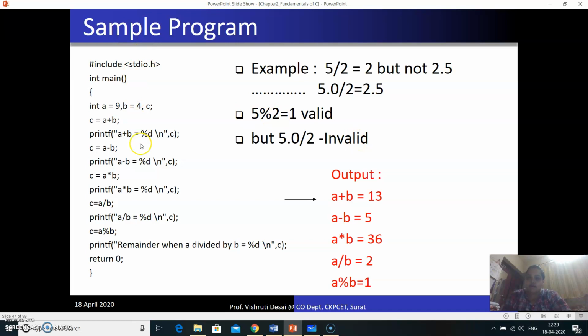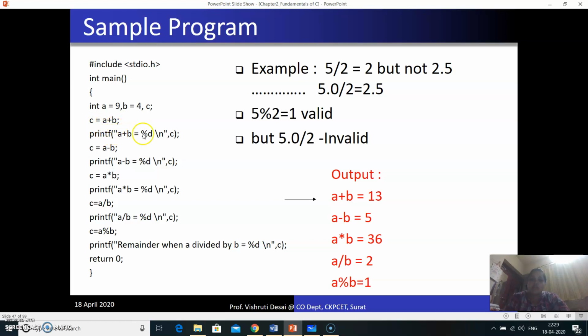Here is a sample program given to you. #include <stdio.h>, int main. Integer a is initialized to 9, that is a is equal to 9, b is initialized to 4, b is equal to 4, and c will be my result variable. First I am doing the addition of two numbers, so I am writing c is equal to a plus b.